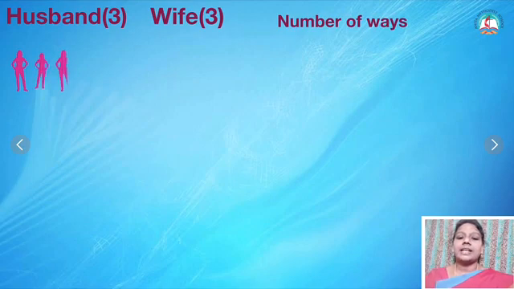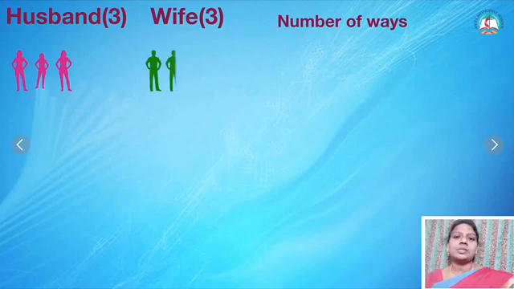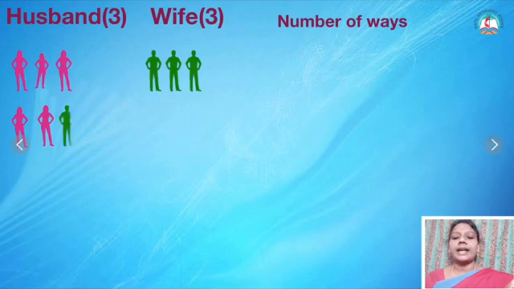Then the wife has to select all 3 gentlemen, because the condition is that the party has 3 ladies and 3 gentlemen. Now, the husband may select 2 ladies and 1 gentleman. Then the wife selects 1 lady and 2 gentlemen.